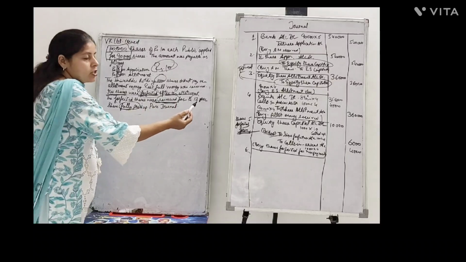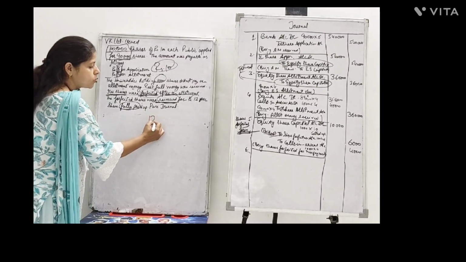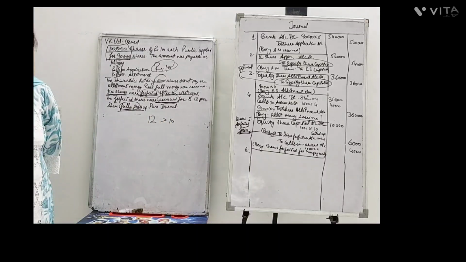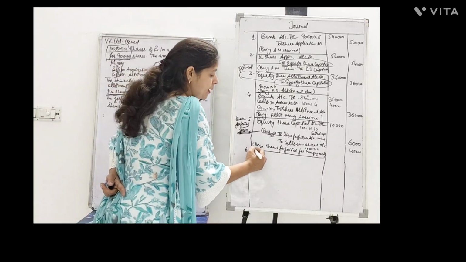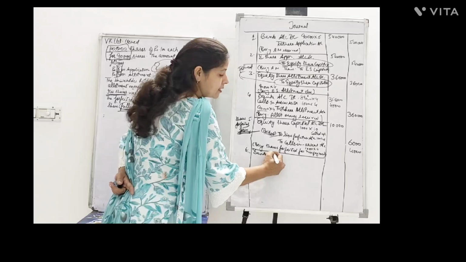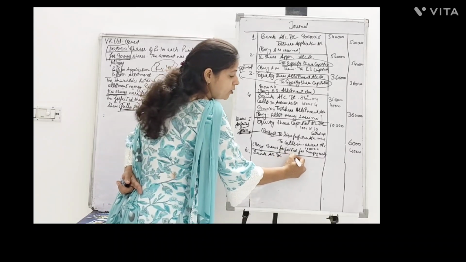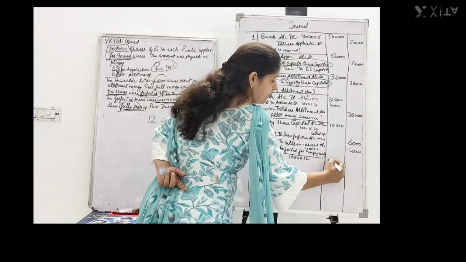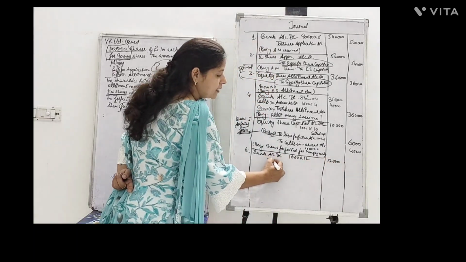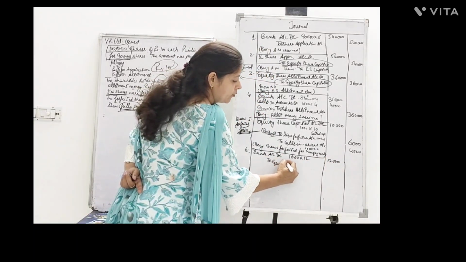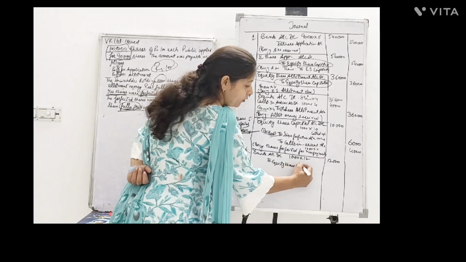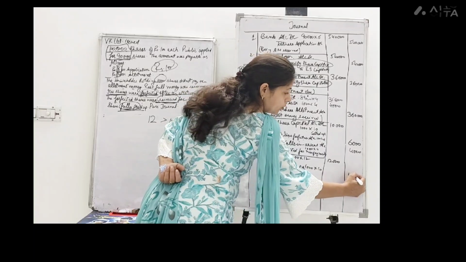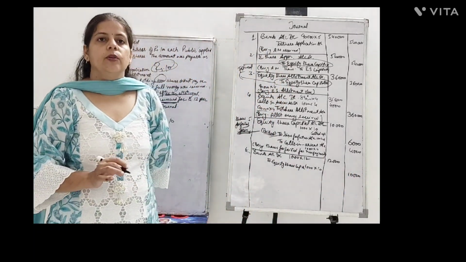Here the shares were reissued for rupees 12, but the fully paid up value of the share was rupees 10. So the money the company is receiving on 1,000 shares is rupees 12, that is 12,000 rupees, against the equity share capital which was fully paid up, 1,000 multiplied by 10, which gives 10,000 rupees. So what is the excess value?